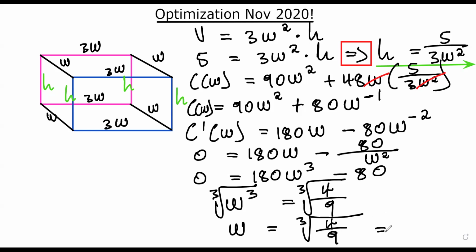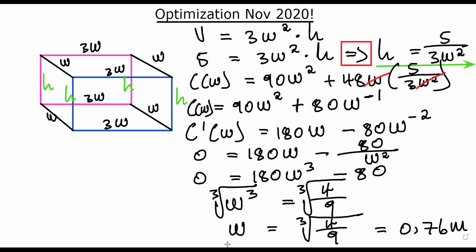But since we can't simplify this using the laws of exponents, the best we can do is to use the calculator. So let's see what is the cube root of 4 over 9. Well, we are simply going to get 0.76 meters.